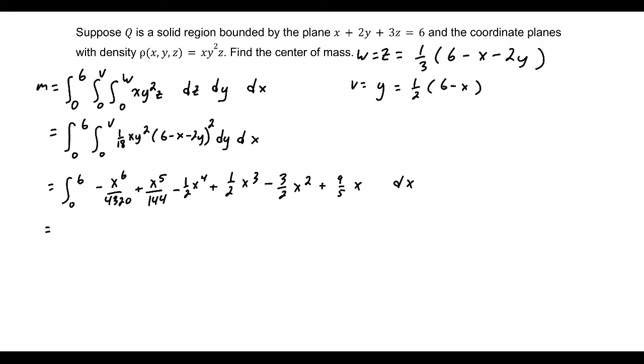And when we find that integral, that will be 54/35.